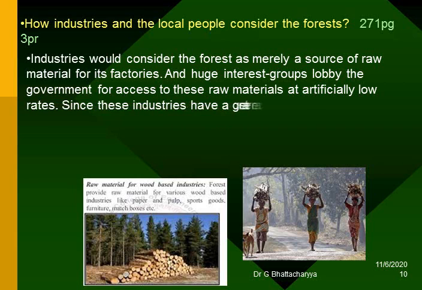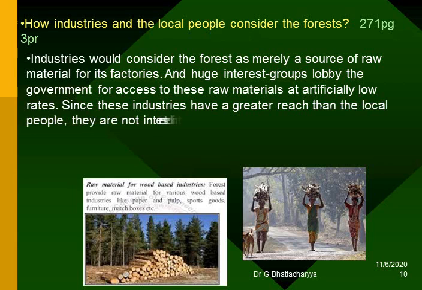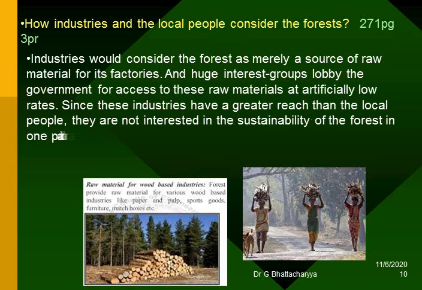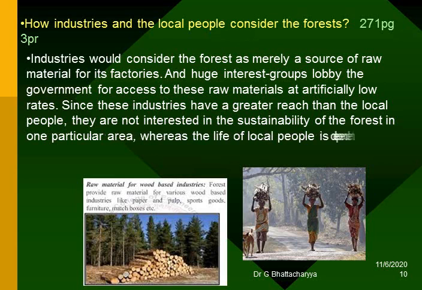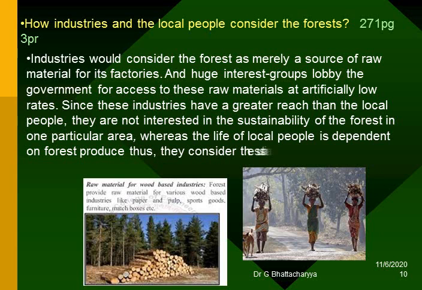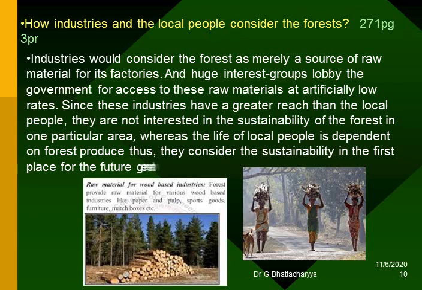Since these industries have a greater reach than the local people, they are not interested in the sustainability of the forest in one particular area, whereas the life of local people is dependent on forest produce. Thus, they consider sustainability in the first place for the future generations.